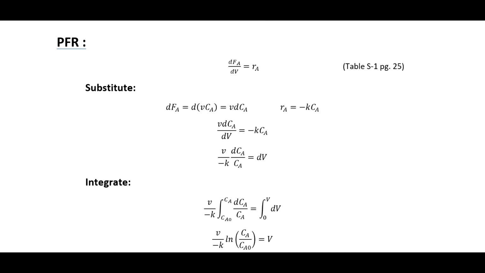Then once we move into the integration, we set our bounds of C sub A initial and C sub A final, along with 0 and V for our volume. Overall, once we finish integrating, we're left with the form v over negative k natural log of C sub A over C sub A initial being equal to volume.